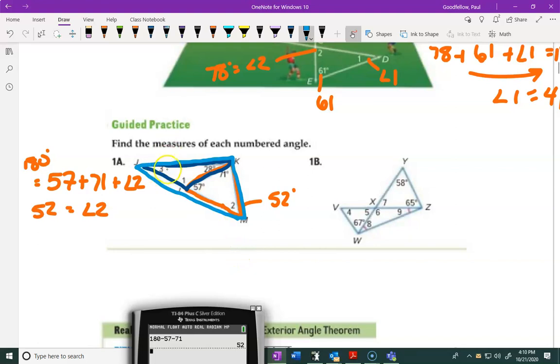So maybe finding this angle over here in this corner for angle 3 might entail using that 52 that I've got right there added to the entire angle up here for angle K, which is a 28 and a 71, and that added to angle 3 would add up to 180 degrees. And you would see that you can do just the smaller ones, or you could even do the larger ones.